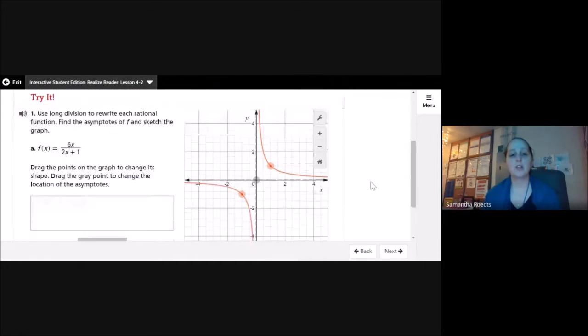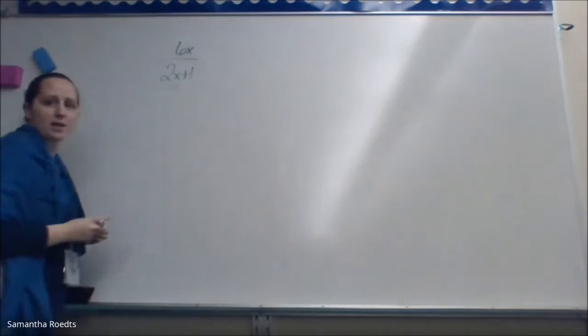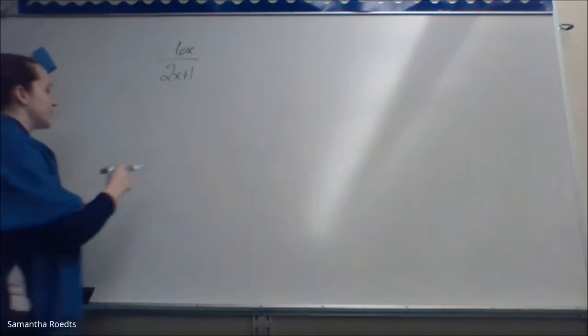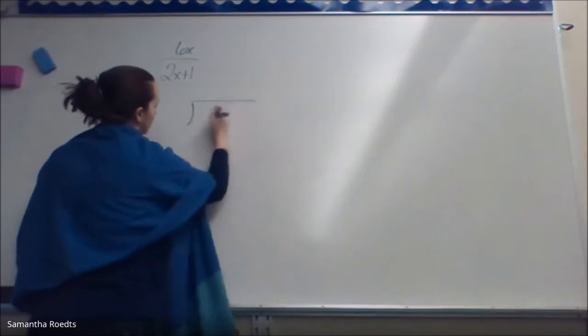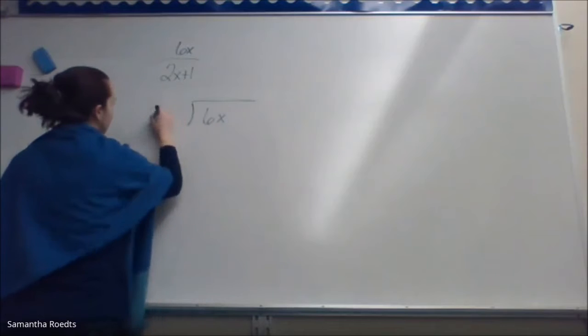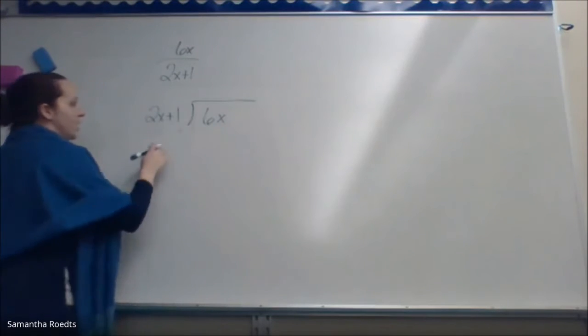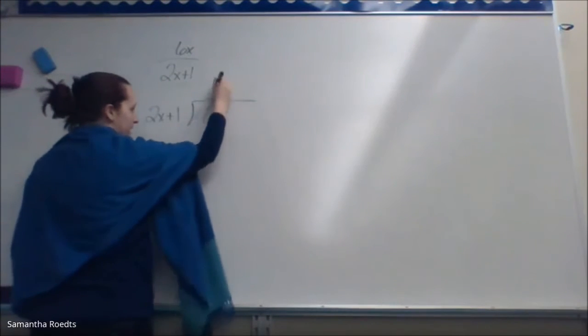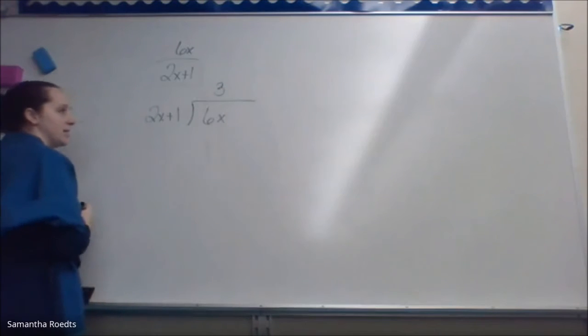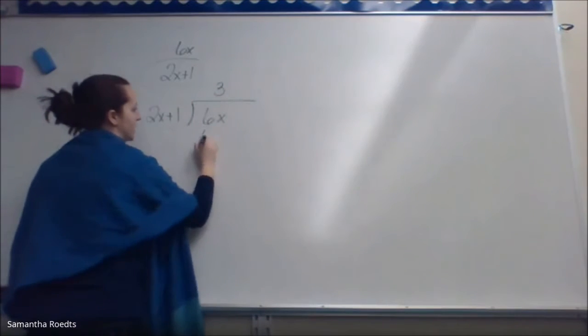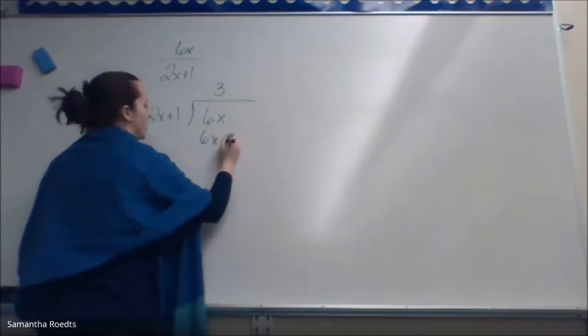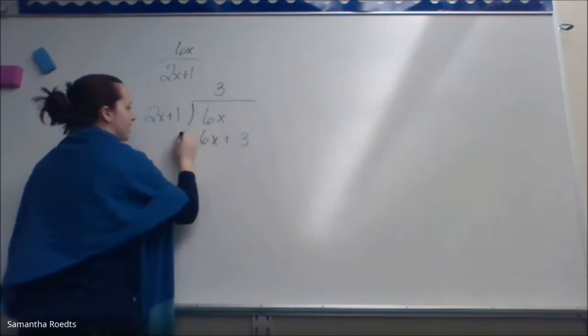Okay, so I want to use long division to rewrite each rational function, use the asymptotes of f, and sketch the graph. So I have 6x divided by 2x plus 1. 2x times 3 gives me 6x. 3 times 1 is 3.